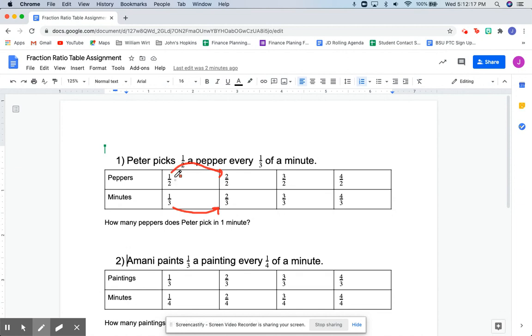So the number on the top is 1/2, and in this case, we did times 2. So we got to do times 2 on the bottom. And that's how we got 2/2 from 1/2. And that's how we got 2/3 from 1/3.